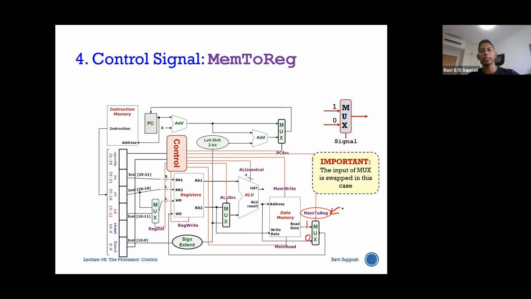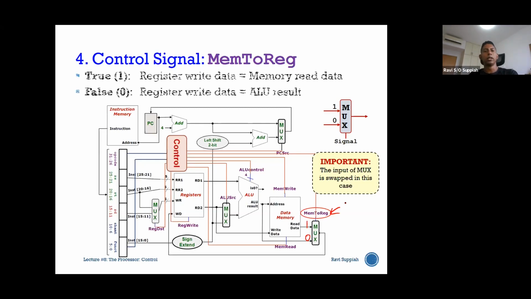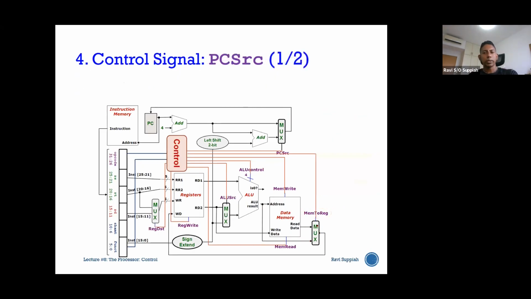So when you say mem to register, it means we want to take the data from the memory to the register. So when it is 1, then it is true, we are taking the data from memory and putting it to the register. When it is 0, then the data is the ALU result. So the 0 is this line here. It's whatever coming out through the ALU. Okay, so that is the mem to register.